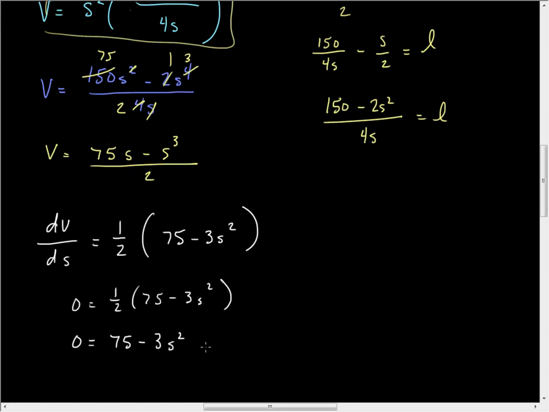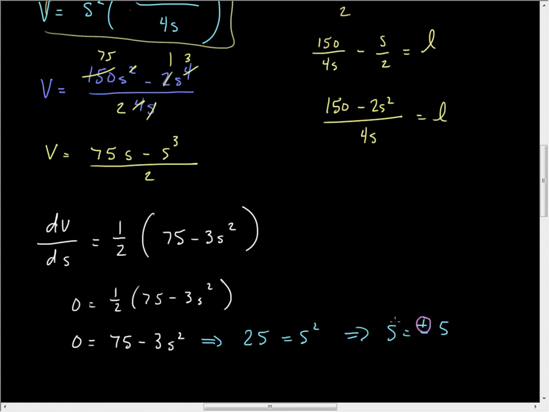If we subtract 75 and divide by -3, this gives us 25 is equal to S squared, so S is equal to plus or minus 5. Again, we're dealing with length, so all we need is the positive. So we found that S is 5.